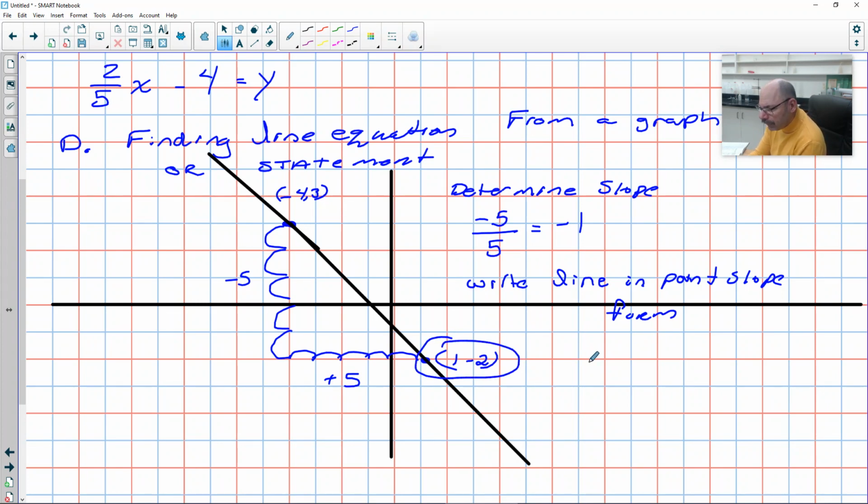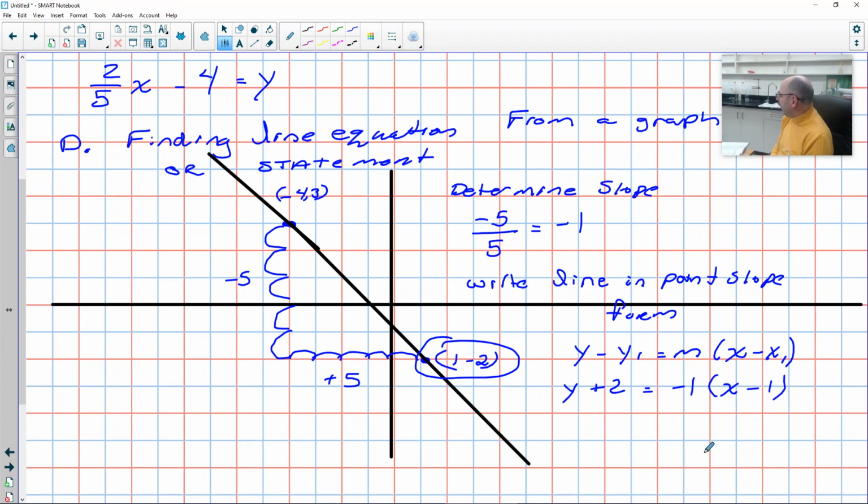Okay, so I'm going to use y minus y1 equals m times x minus x1. Okay, here I go. y minus -2, which is y + 2, equals -1 times (x minus 1).